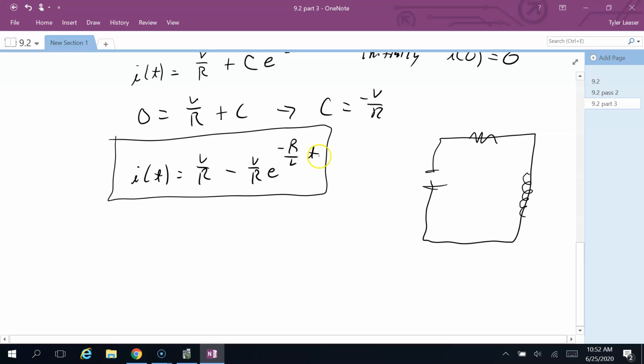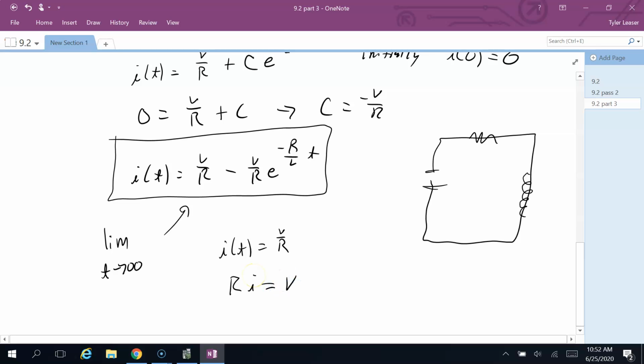As t increases, this term eventually goes to 0. And you can see that if you take the limit as t goes to infinity of this thing up top here, this term is just going to go to 0, which means that i of t becomes V over R. And that should look familiar because if you multiply the R over to the other side, we get this.